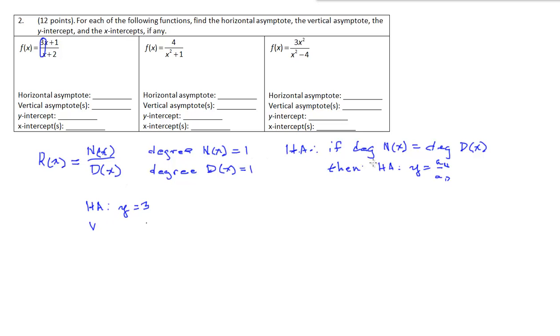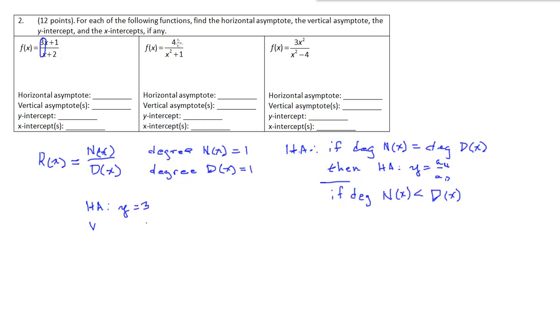If the degree of the numerator is less than the degree of the denominator, then the denominator, like right here in the second one, gets really big as x gets larger, or even smaller.